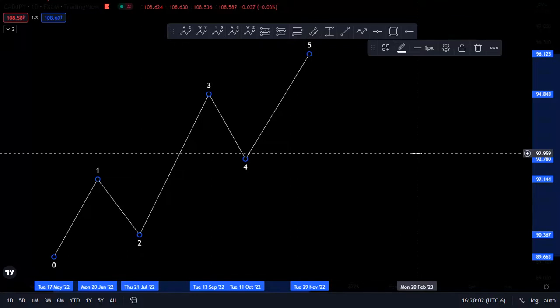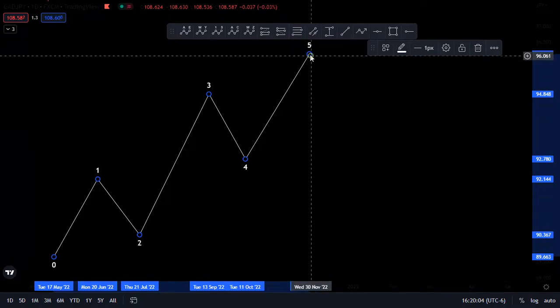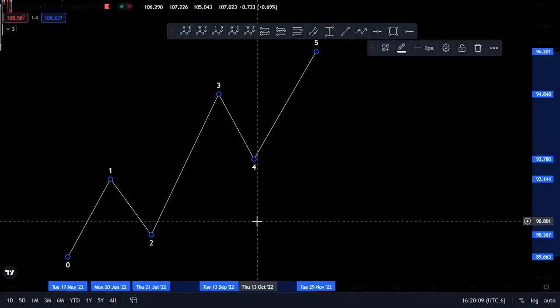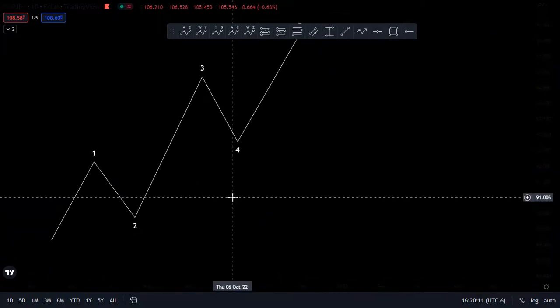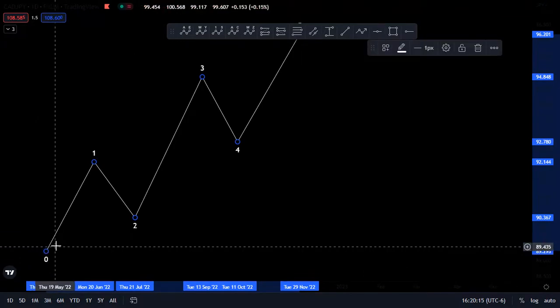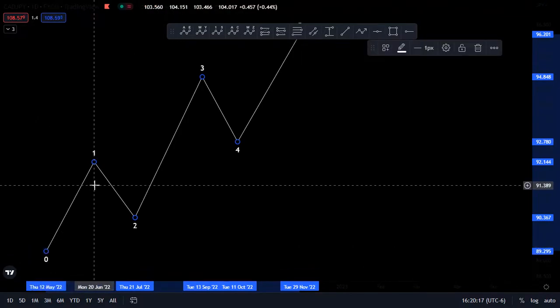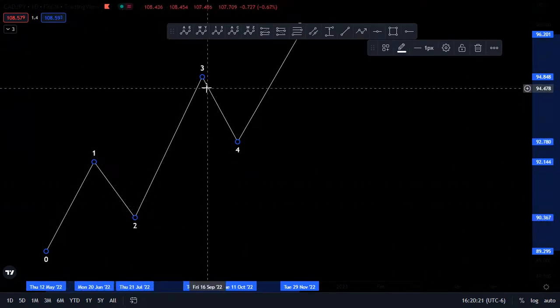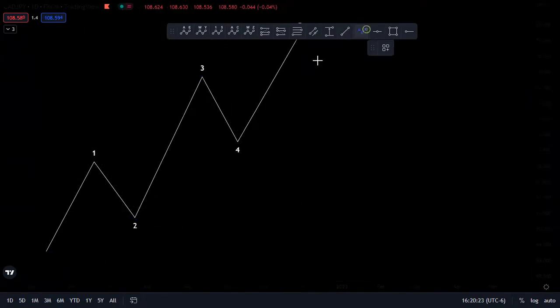So our 5 wave pattern that we talked about is in fact an example of a motive wave, as you can see. The definition tells us that it has a 5 wave structure. So as you can see, we have 1, 2, 3, 4, 5.